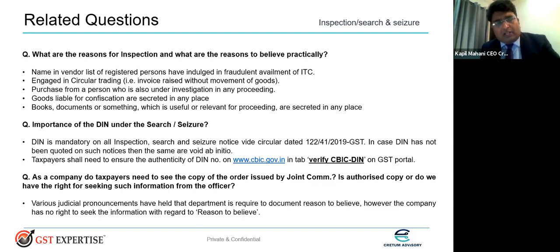So they say that you might also have done that transaction and you are also involved in that transaction wherein the circular trader, the X person, is involved.